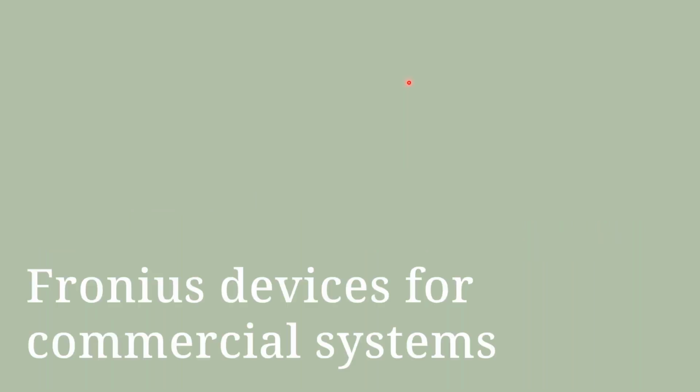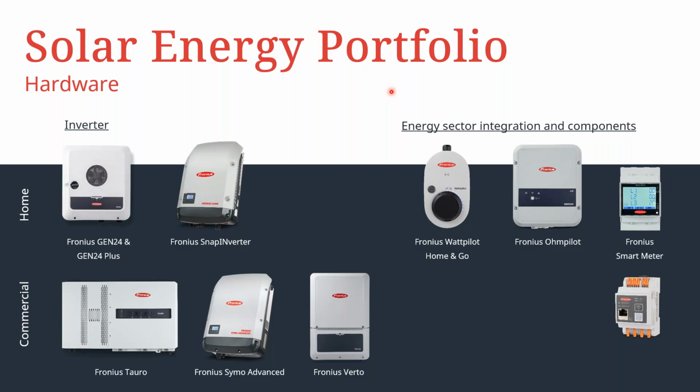So let's get into it and start with the Fronius devices that are available for commercial systems. In the Fronius Solar Energy portfolio, we have specific hardware that is categorized depending on the power class. On the inverter side, we have what we can call residential or home application inverters, and then we have the commercial.